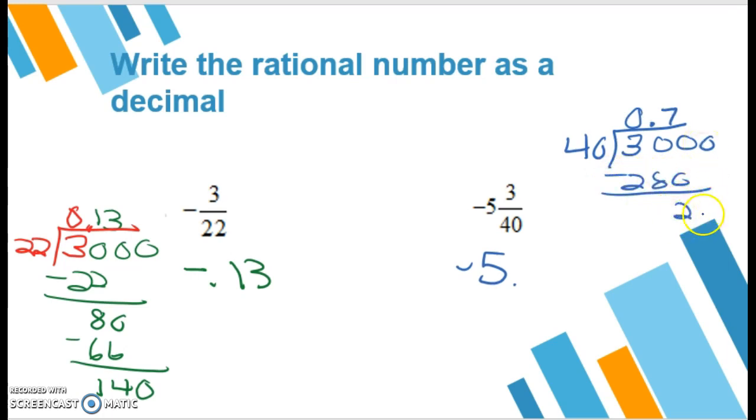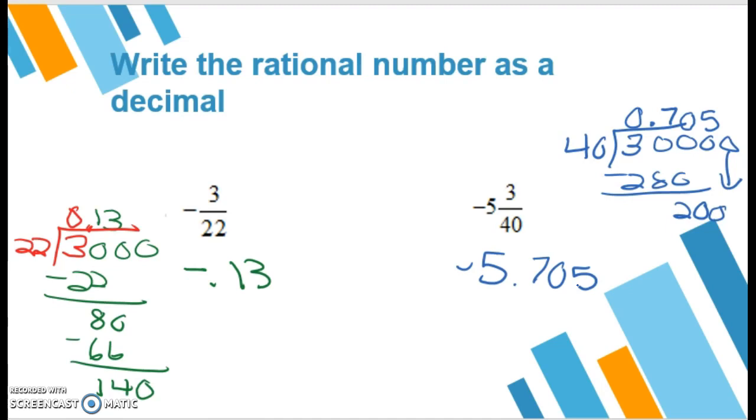Subtract, get 2, drop down another 0. 40 can't go into 20, so I'm going to add another 0, drop that down after I put a 0 there because that does not work. 40 goes into 200 5 times. So my final answer would be -5.705. I have a calculator next to me, so I'm just going to check to make sure that that is right.